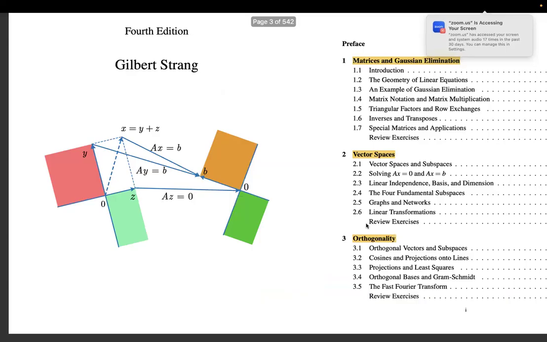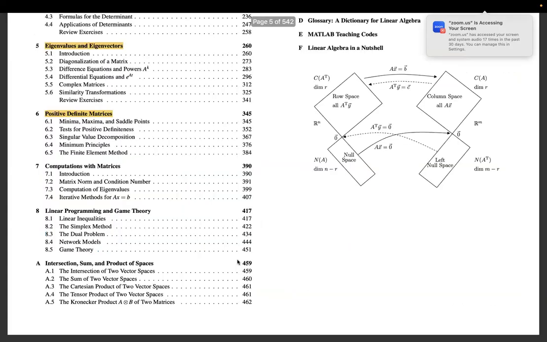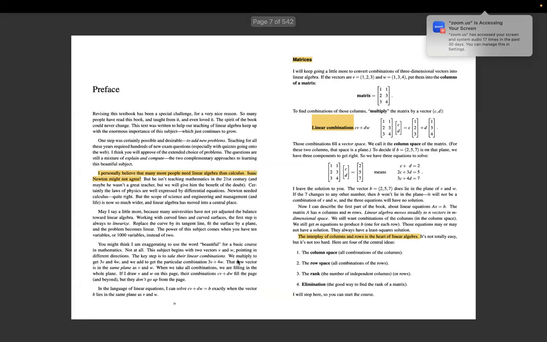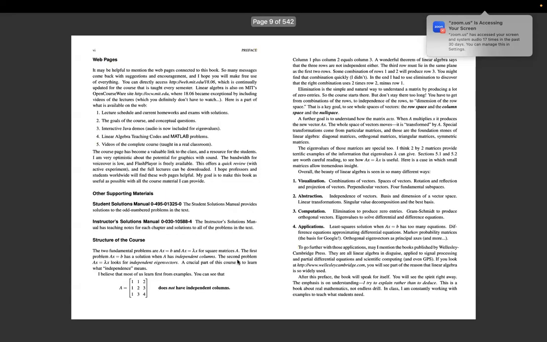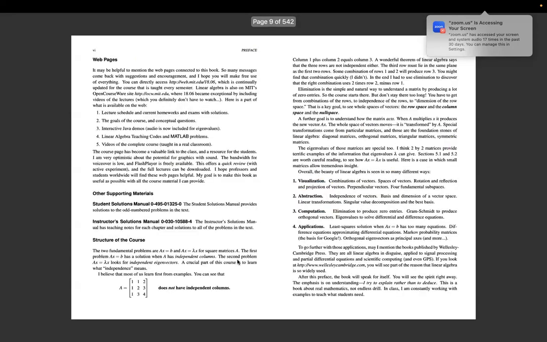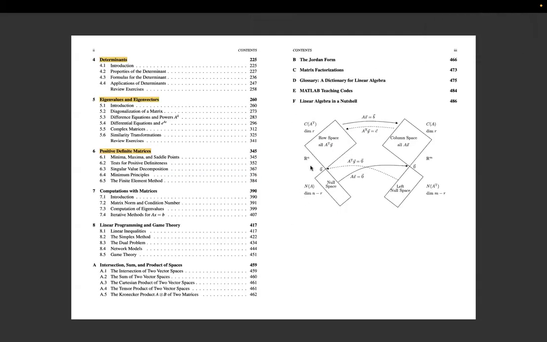So I'll be following this book in this bootcamp so that we have structured learning. I found this PDF online, so you can also search for it. Eventually, I'll teach you each chapter bit by bit, and we'll try to cover the concepts of linear algebra and see how we can apply them in the field of quantitative finance.